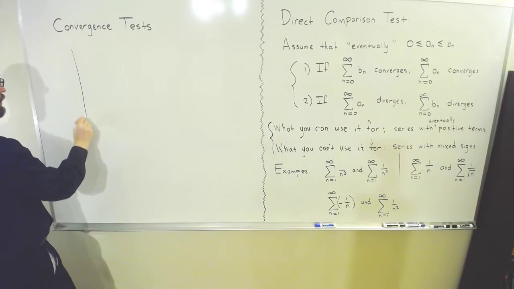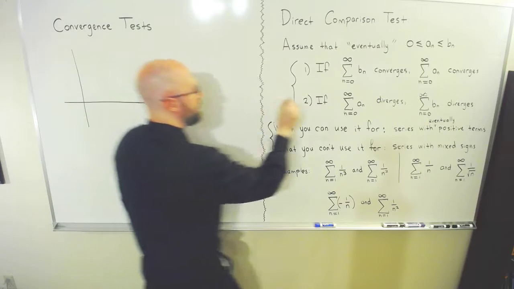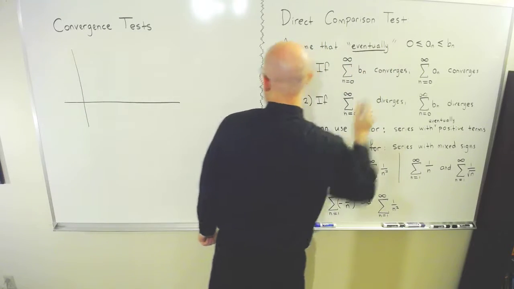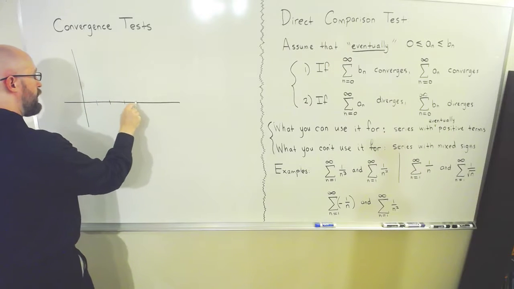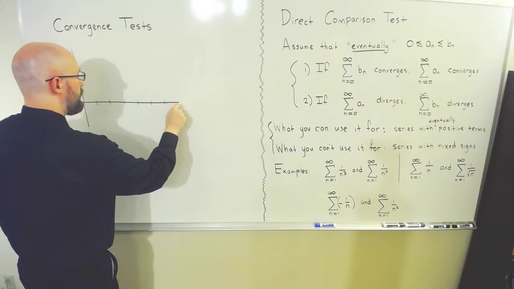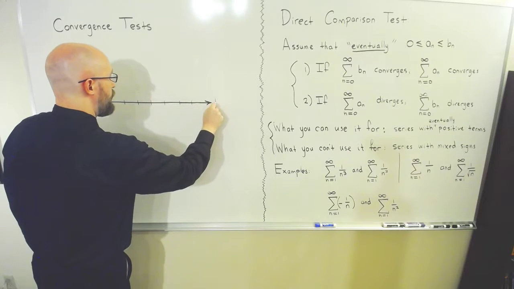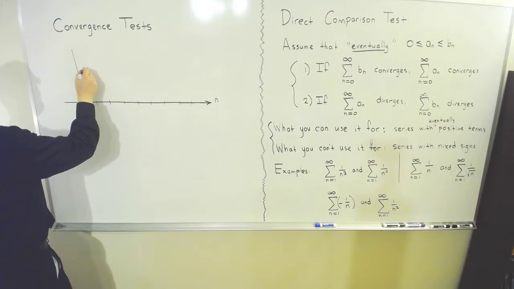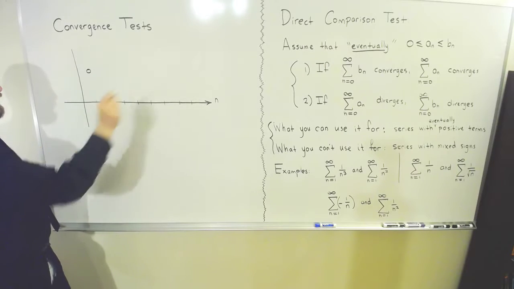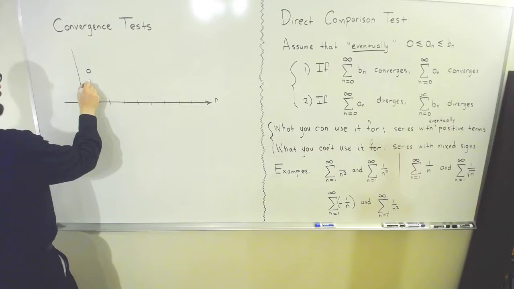First of all, there's this word eventually in here. What does that mean? Let me draw some integer tick marks on this graph. I'm going to have n going this way. And then I'm going to use open circles to stand for the an and closed circles to stand for the bn.